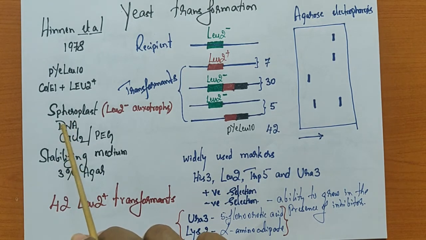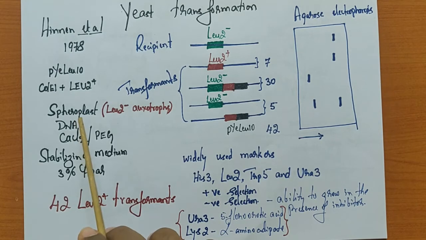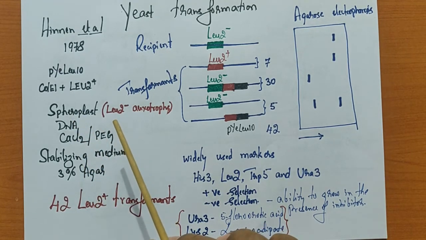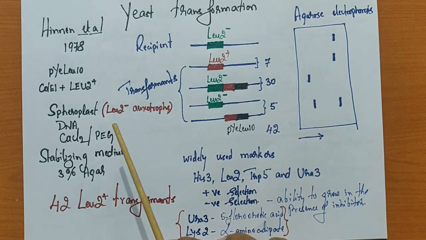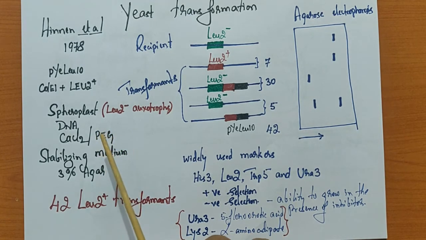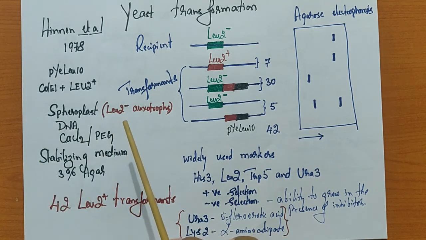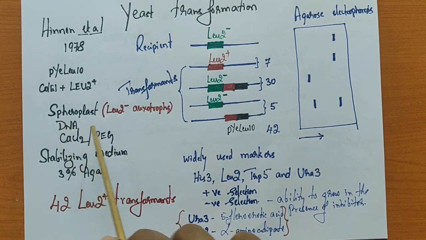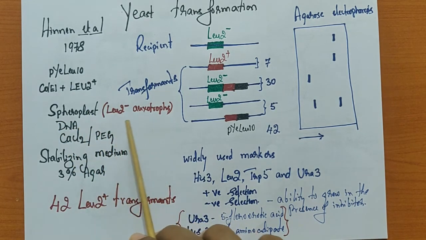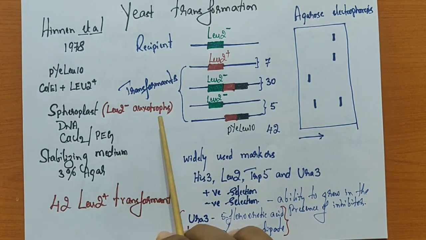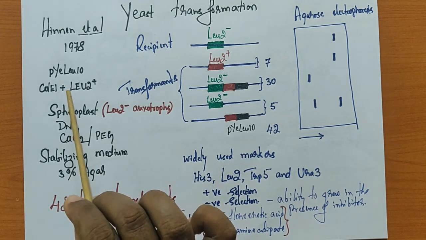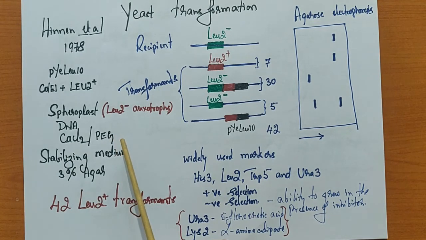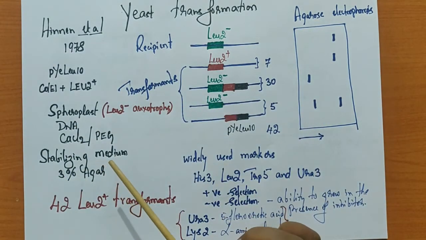What exactly is a spheroplast? A spheroplast is nothing but a cell wall-less yeast in which the cell wall of a yeast has been completely removed using enzymatic degradation. They have taken this spheroplast from the LEU2 minus auxotroph. In the presence of this vector, that is the DNA, in the presence of calcium chloride and PEG, they have done the transformation.